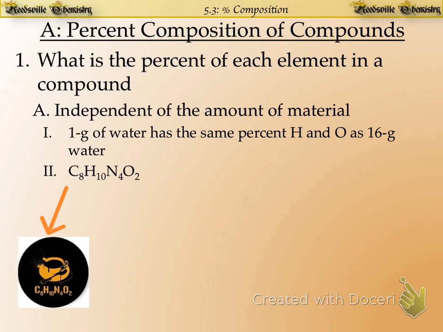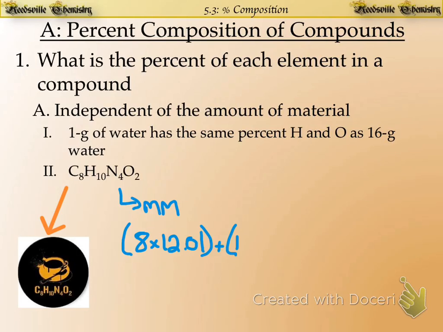Again, the first step to doing this would be to find the molar mass of this guy. And that's kind of a lot of work. I mean, you've got a lot of different things there. I'll set it up for you, and later you can do the calculation if you want. So I've got 8 carbon atoms. Each has a molar mass of 12.01. I'm going to take my units out for the time being.